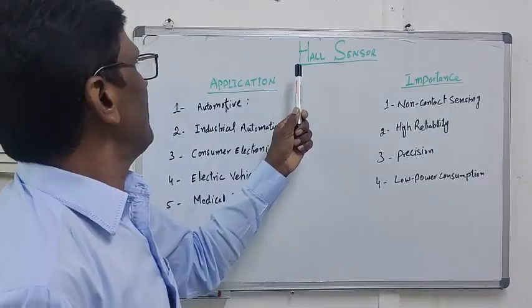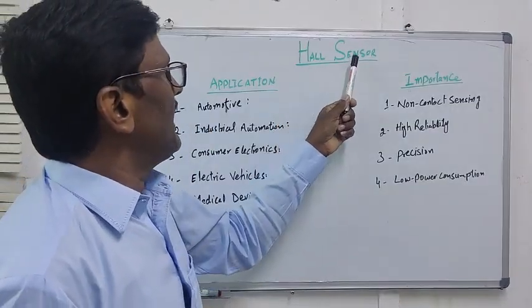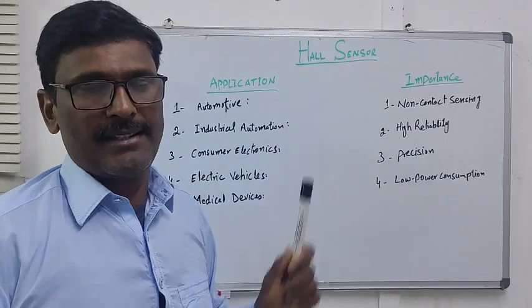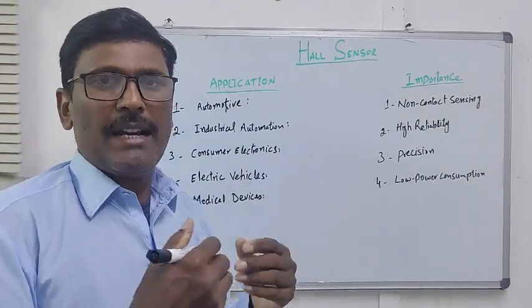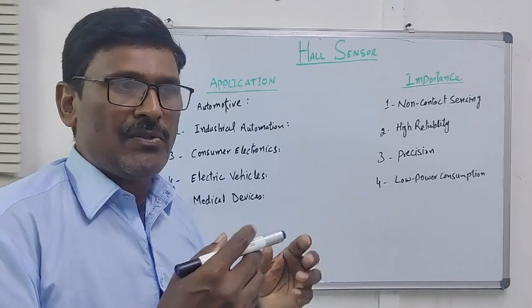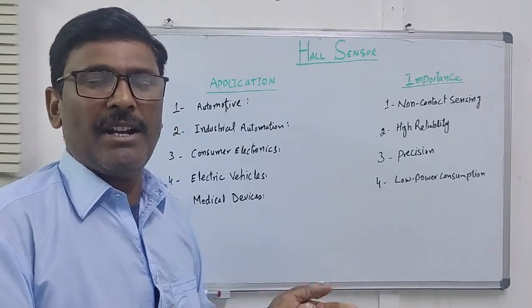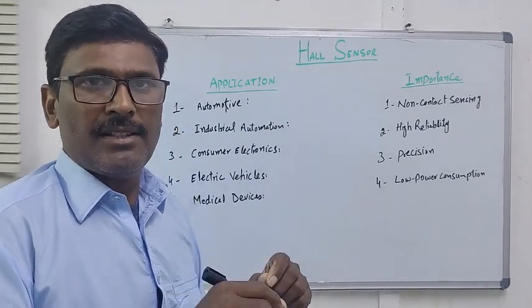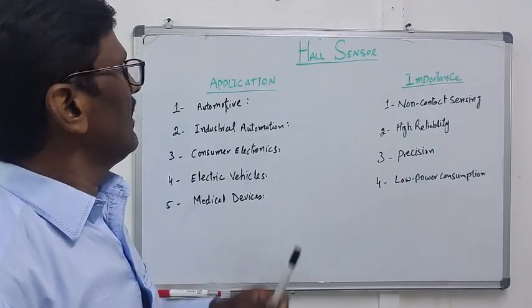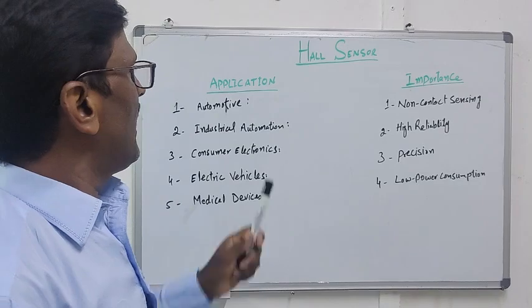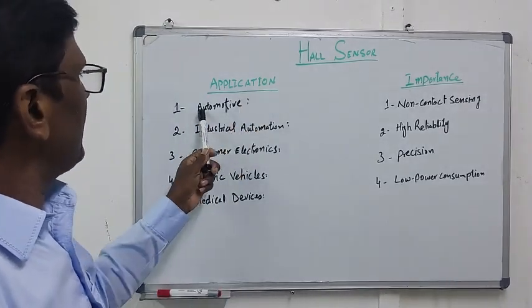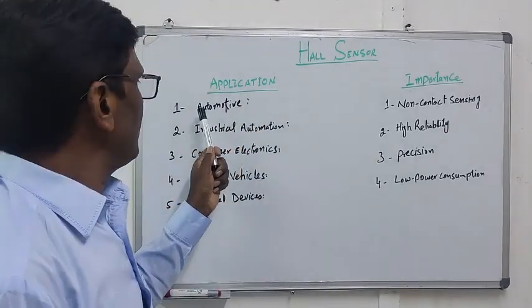So now we'll talk about the Hall sensor. What is the Hall sensor? A Hall sensor is a crucial electronic device which converts a magnetic field into electrical signals. Now, what are the applications of Hall sensors? The first application is automotive.